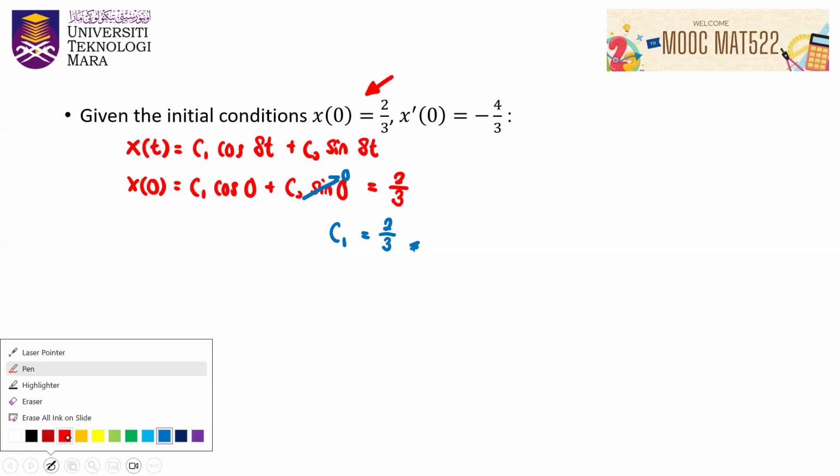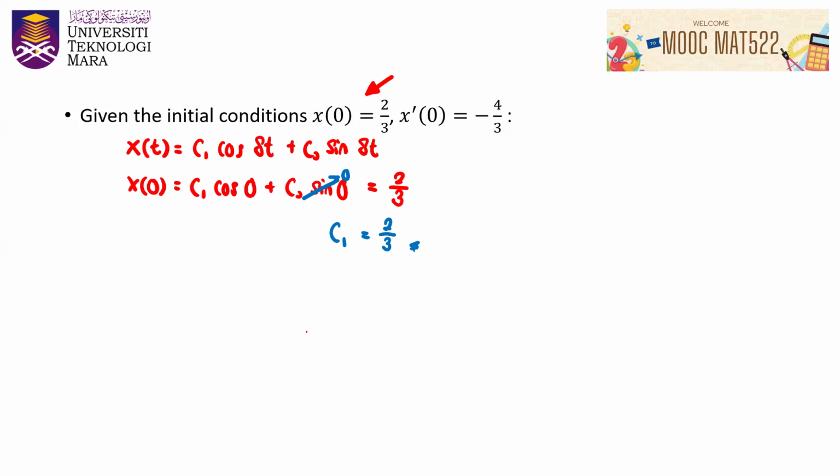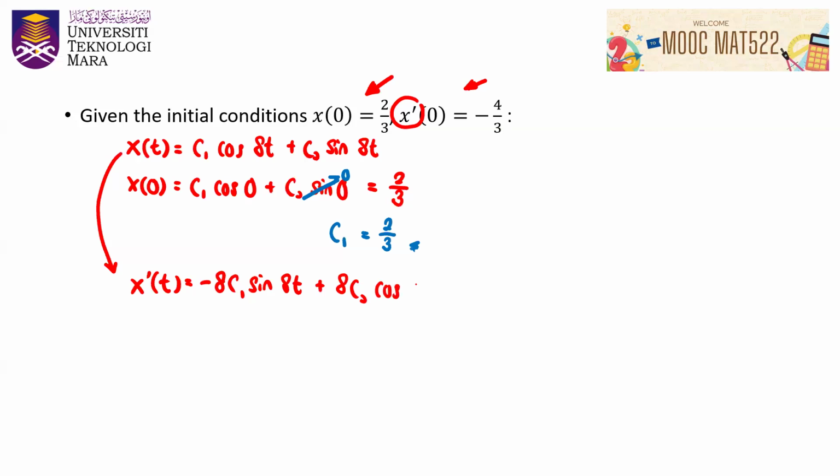What about c2? To solve for the constant c2, we further consider the second initial condition given here, requiring us to find the first derivative of x. Differentiating this x function, x'(t) gives us -8 c1 sin(8t) + 8 c2 cos(8t). Again, we substitute with the initial value 0.